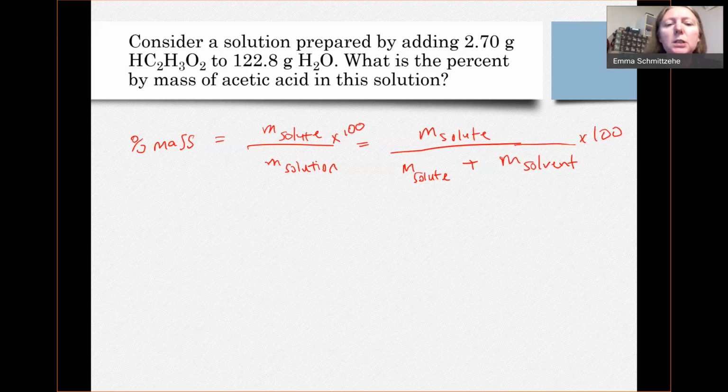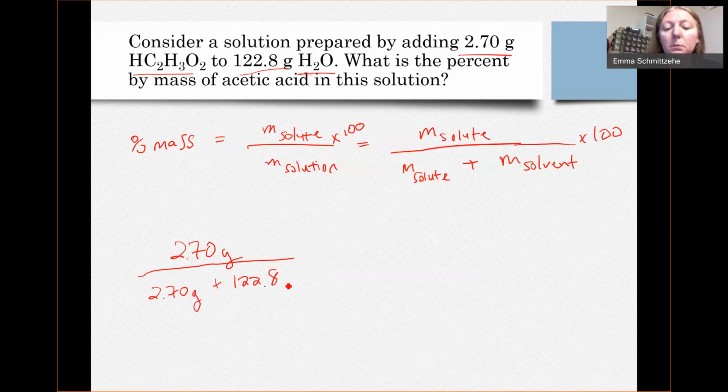So if we want to do this, our solute is acetic acid, and we have 2.70 grams of it. We're going to divide that by the mass of the solution. Our solution is that acetic acid plus water, so we actually need to add the 2.70 grams to the 122.8 grams. And then we multiply that by 100.